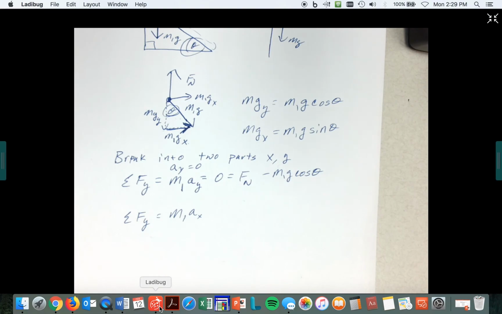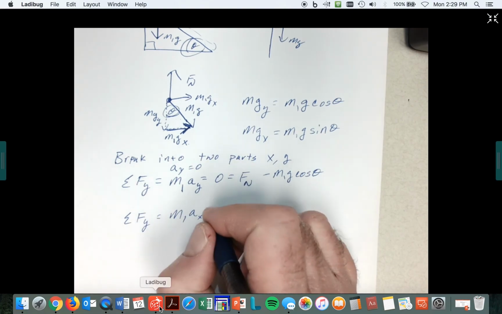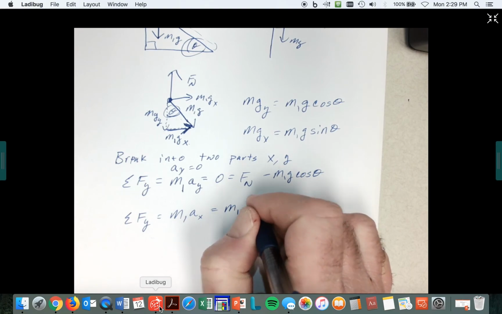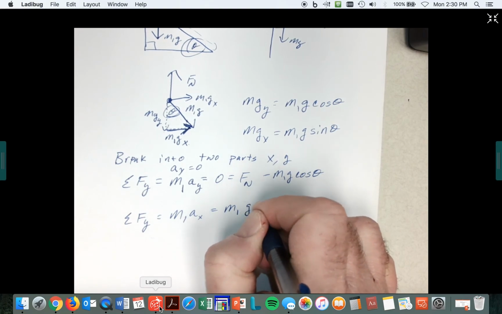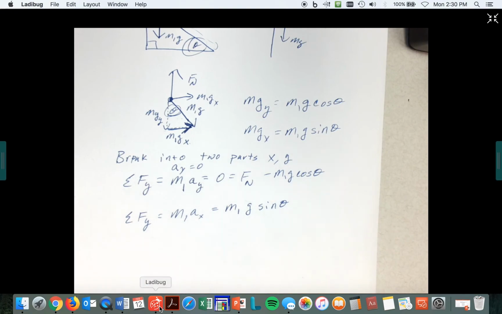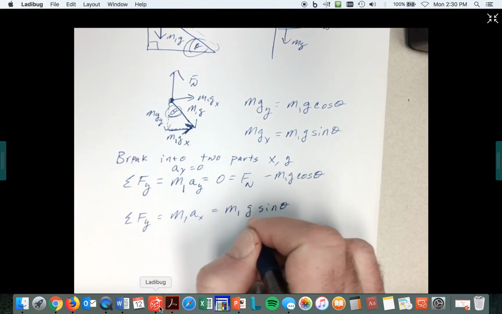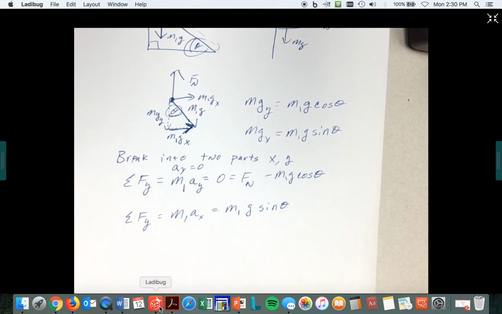No, there is not. So that is equal to m1 times g times the sine of theta. So without friction, the gravitational force that pulls something on an incline is always equal to m1g times the sine of theta.